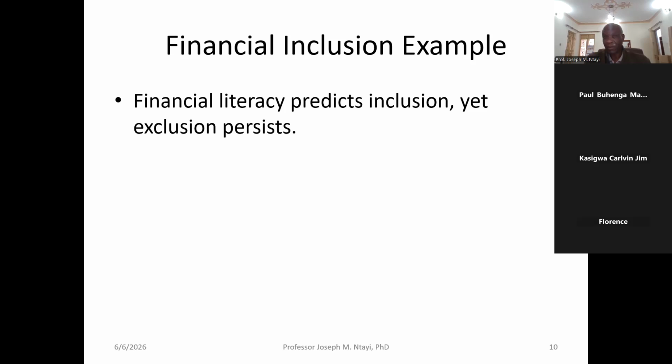Because the theory has been developed, and that theory is explaining certain things in a certain setting. And when you read the theory very well, that is what it is. But in one way or the other, you discover that the reality shows a different position altogether. So that could be one perspective.